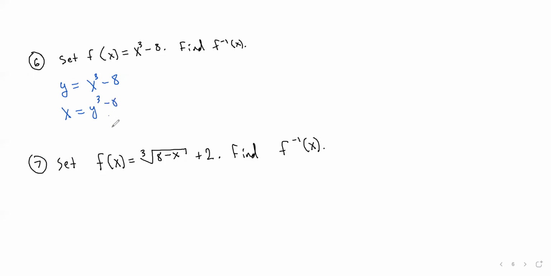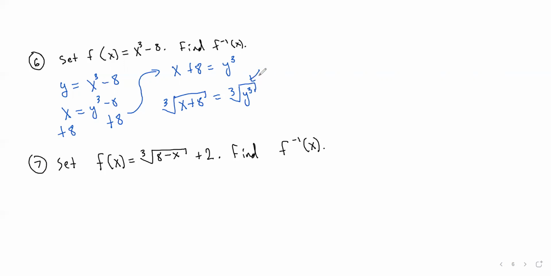So first step is going to be add 8 to both sides. The -8 and the 8 cancel on the right, so we have x + 8 on the left equals y^3. And if we want to get rid of a y^3, we just take the cube root of both sides of the equation. So you have the cube root of x + 8 is the cube root of y^3.